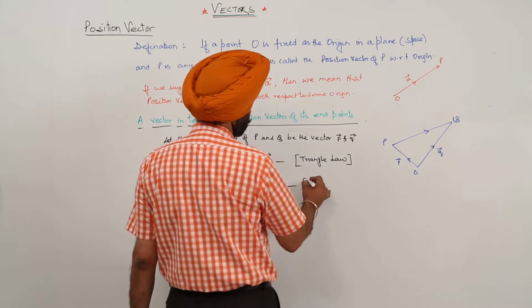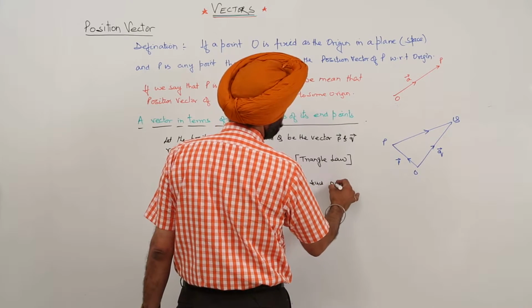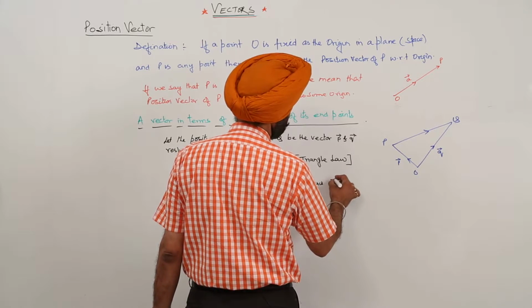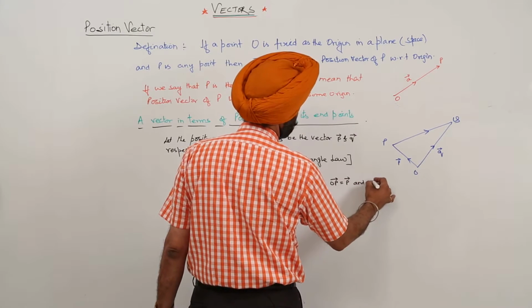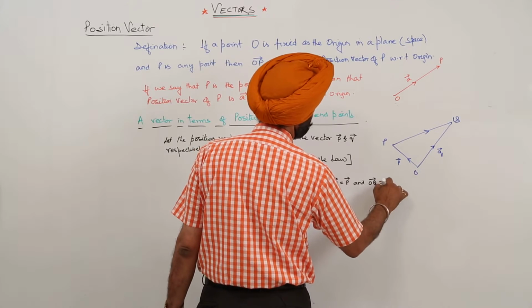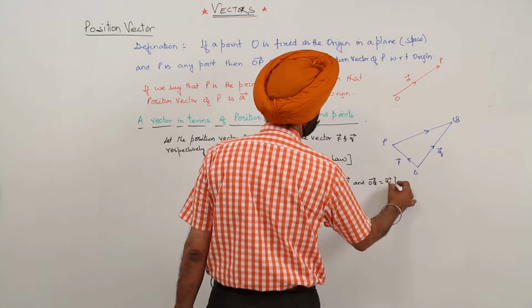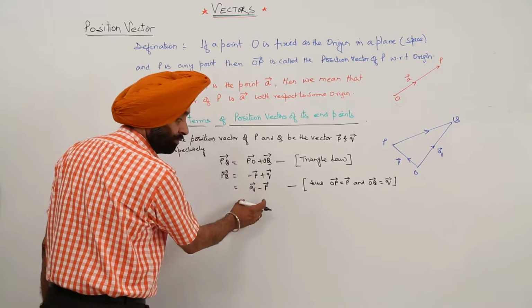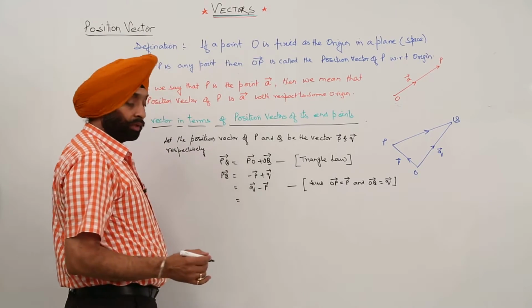Since vector OP is equal to p and vector OQ is equal to q, we are subtracting p from q.